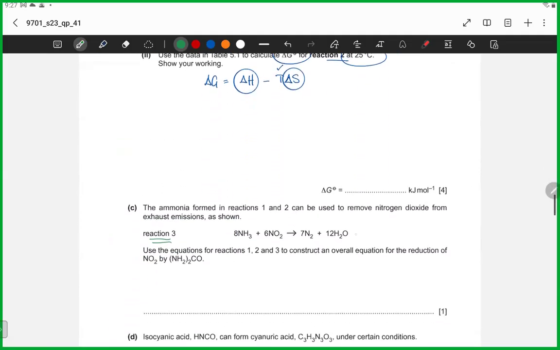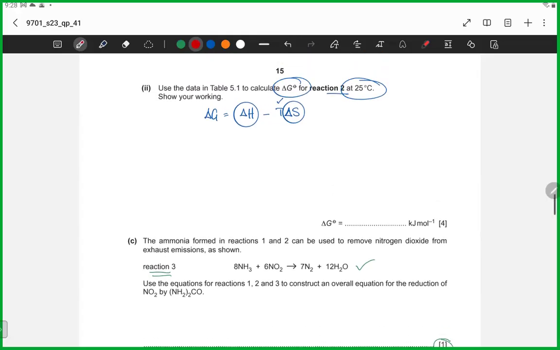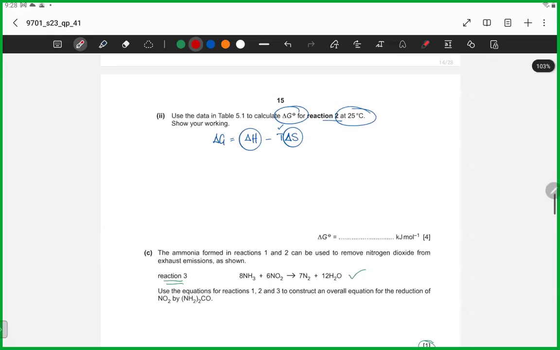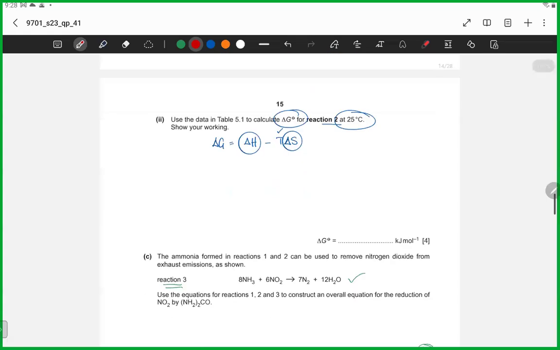So you basically have to combine all 3 reactions. I don't know why that's for 1 mark because it's going to be very time consuming. Hopefully everything in between will get cancelled out. So you have to add the 3 reactions.